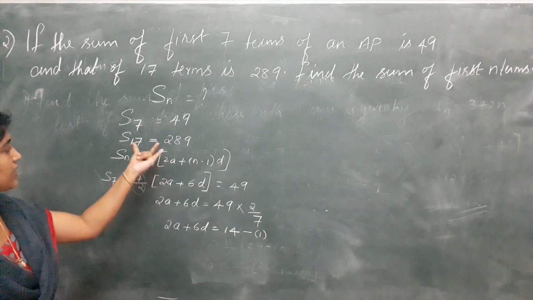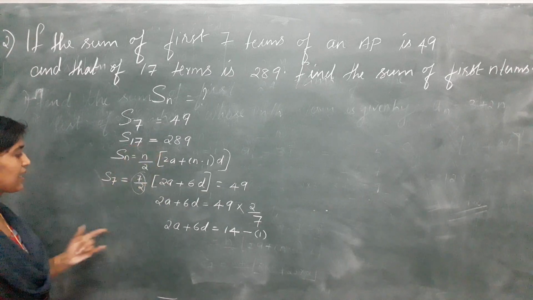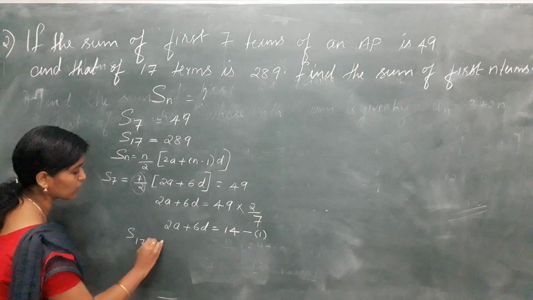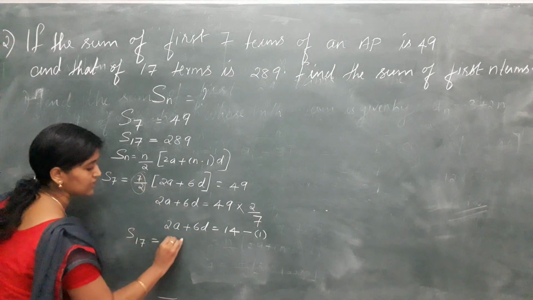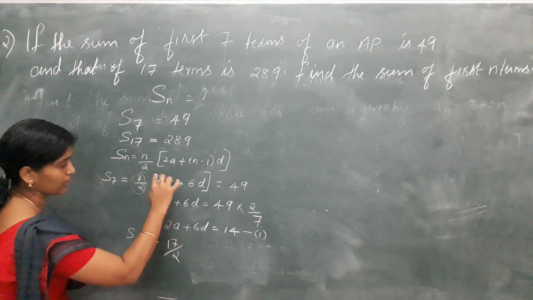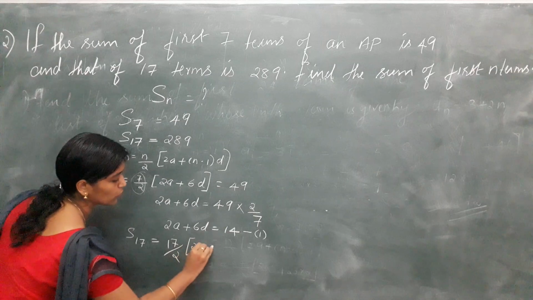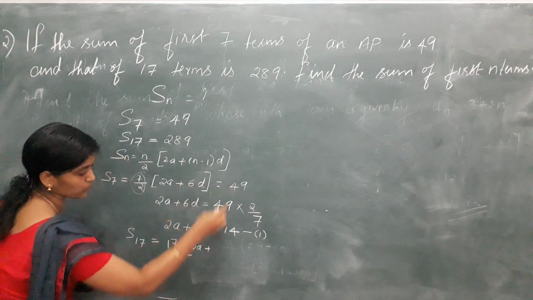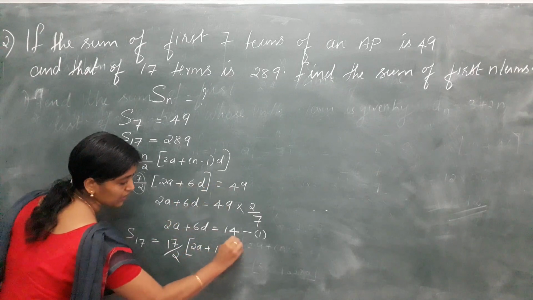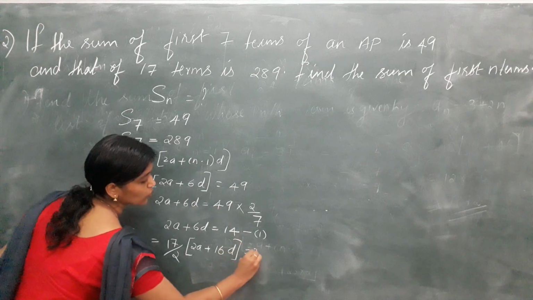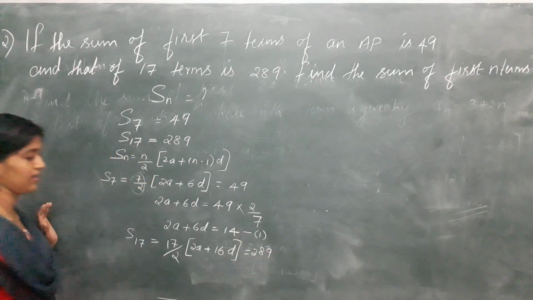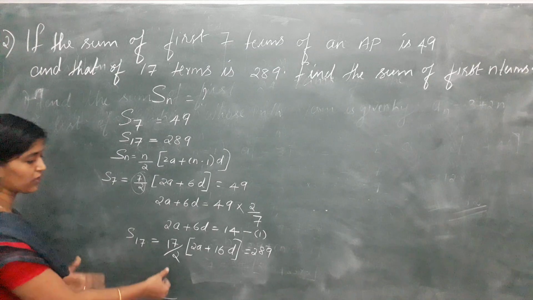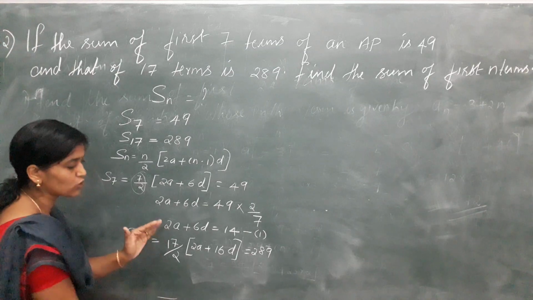Now we will move to the next sum, that is S17. S17 is equal to 17 by 2 into 2a plus 17 minus 1, that is 16d. This is equal to 289. Again I am going to transpose 17 by 2 to the other side.